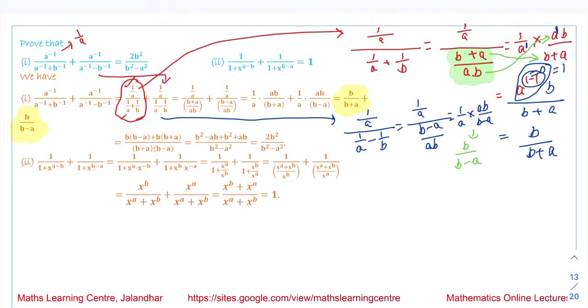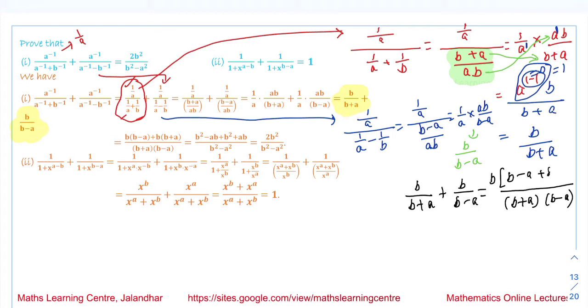So now we have to solve these values. So we are left with b over b plus a plus b over b minus a. We take b plus a into b minus a as LCM. b is common from both these terms, and we are left with b minus a plus b plus a.